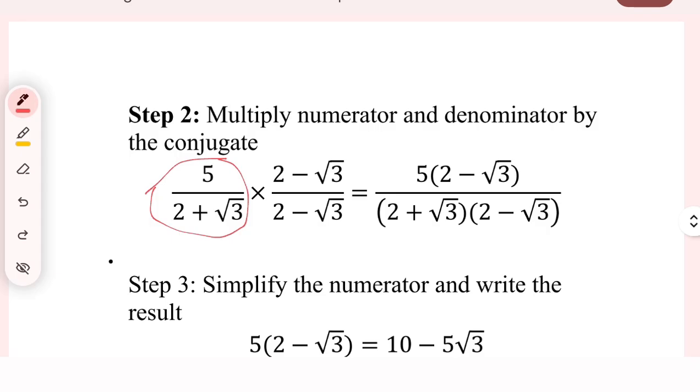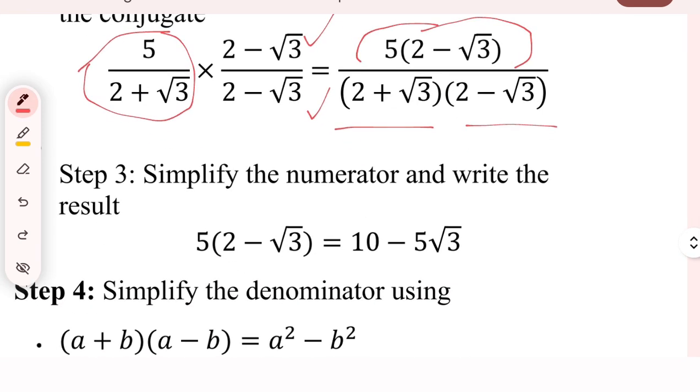Remember, you multiply the numerator and the denominator, both parts. So we multiply the numerator with the same amount as the denominator. The numerator will be 5 times 2 minus square root of 3, and the denominator would be 2 plus and 2 minus.